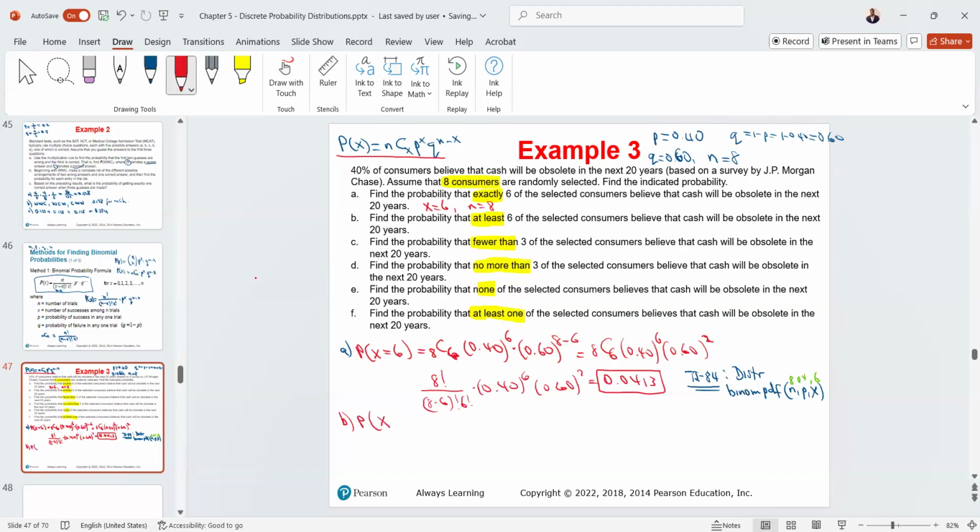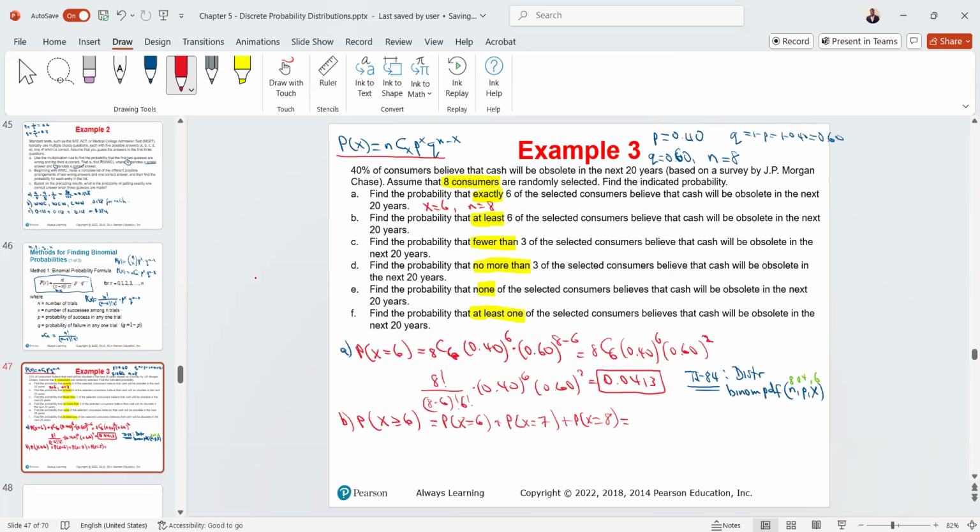At least 6 means X must be greater than or equal to 6. That means you need to take X equal to 6 plus X equal to 7 plus X equal to 8, because N is 8, we're going to stop there. So you need to do all these when X is 6, when X is 7, when X is 8.